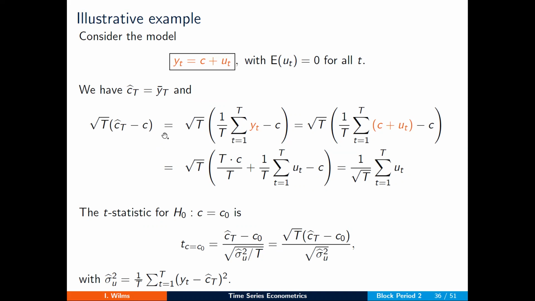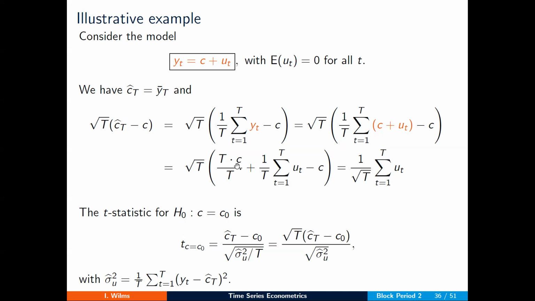Now we plug in here our estimator, the average of y, and then we can further plug in our DGP in red, where y_t is nothing more than the constant c plus u_t. And then the sum simplifies to this expression over here.